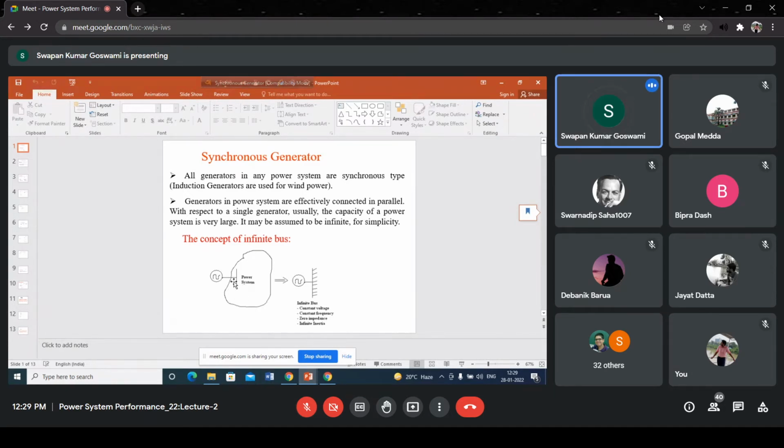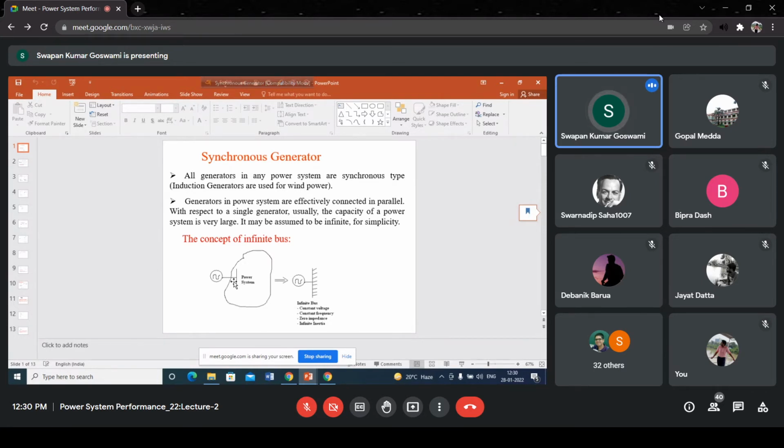So generators in the power system are synchronous type. Already I have mentioned that it is 80%, not all. Induction generators are used for wind power, and only a small portion comes from wind and solar. Generators in a power system are effectively connected in parallel.